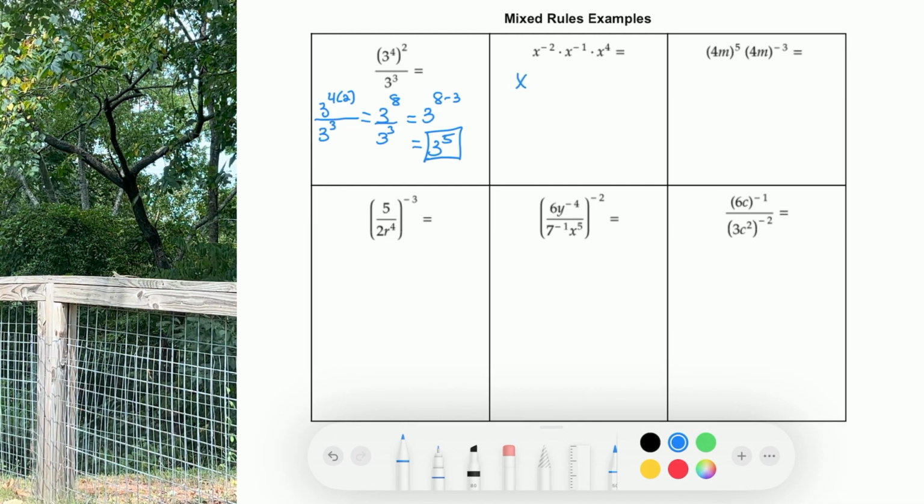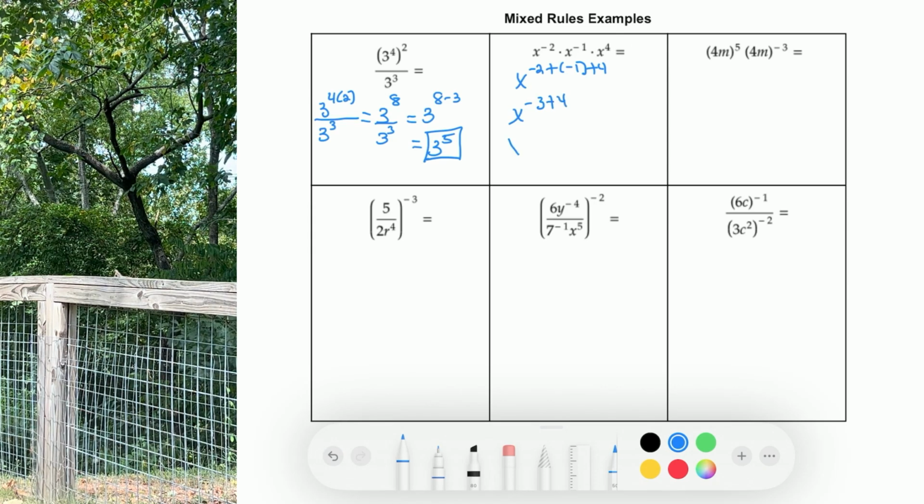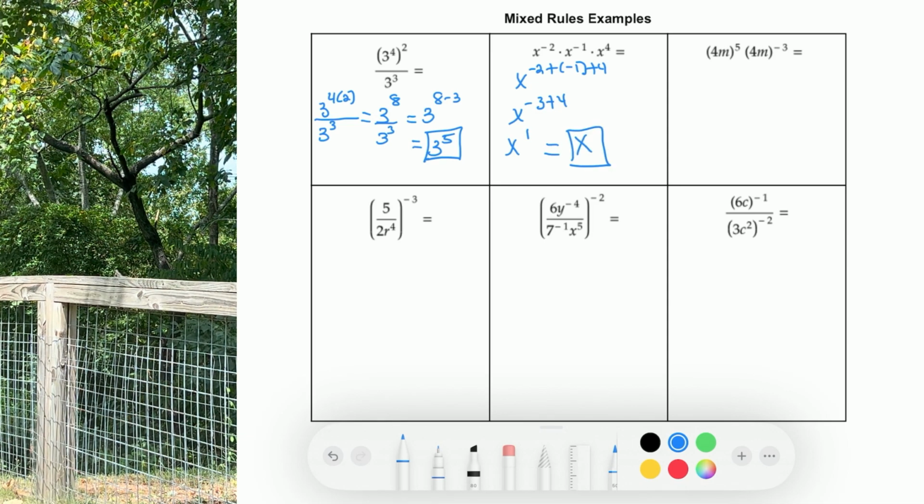So we have x to the negative 2 plus that negative 1 plus that 4. So I have x to the power of negative 2 plus negative 1 is negative 3. And then I still have that plus 4 there. And we end up with x to the power of a positive 1, which is just x. That's why I don't want to flip until I absolutely have to, because sometimes when you use another rule, you end up with a positive number. You'd end up not having to flip at all.